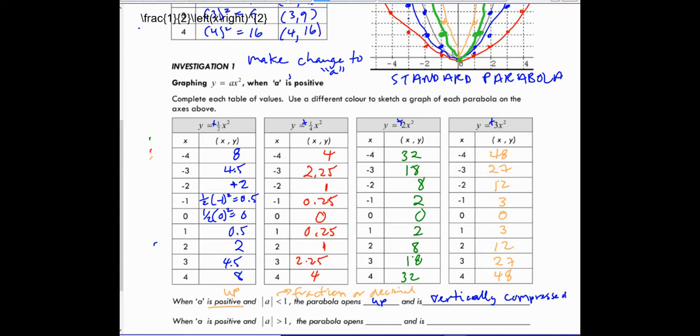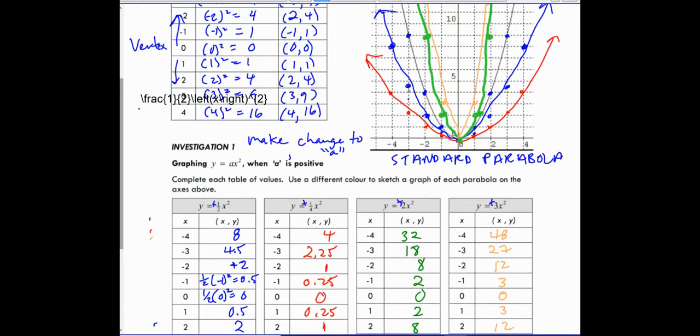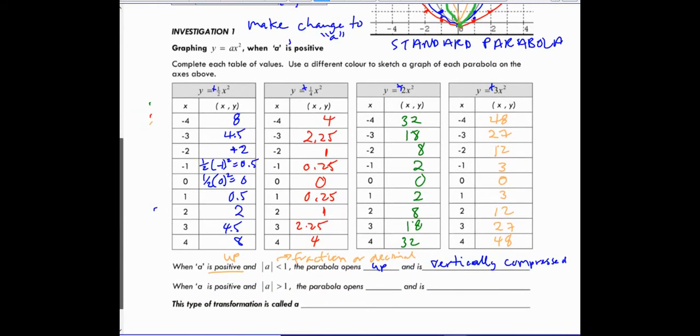Like if you were to squash it, it gets wider. These ones are compressed because it's wider. So I would be okay with you also saying in the brackets, wider.